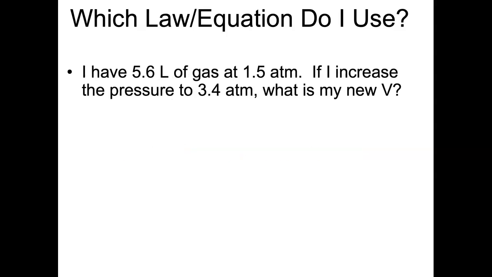So let's take a look at this one. Which gas law would you use for this problem? Hopefully you were thinking Boyle's law because you have pressure and volume and are asking for a second volume.